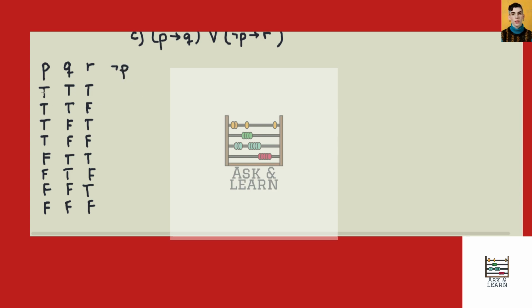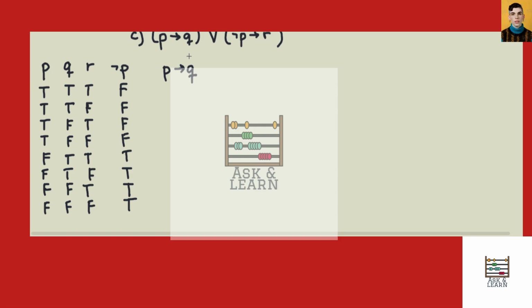And again, the negation of P truth values are opposite of the truth values of P. So this will be false, false, false, false, true, true, true, true. Now we'll write down the first compound proposition, which is P, conditional statement, Q. Now again, for the conditional statement, if the first proposition is true and the second is false, it'll be false.